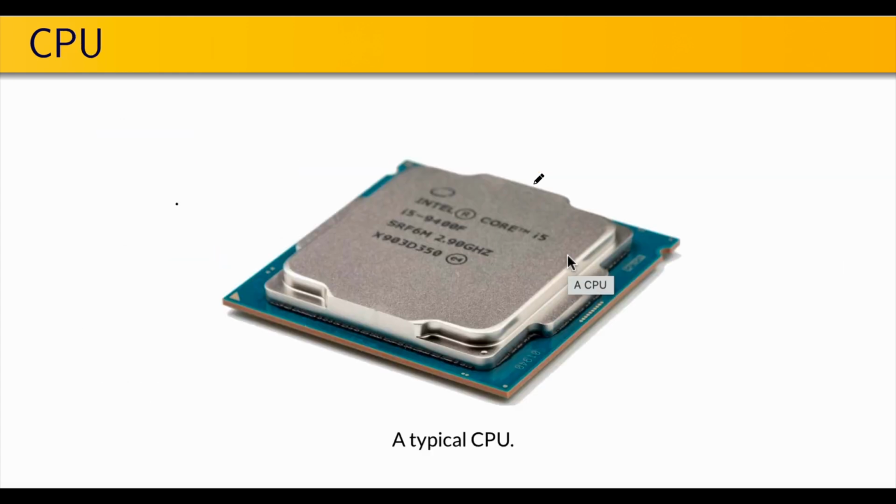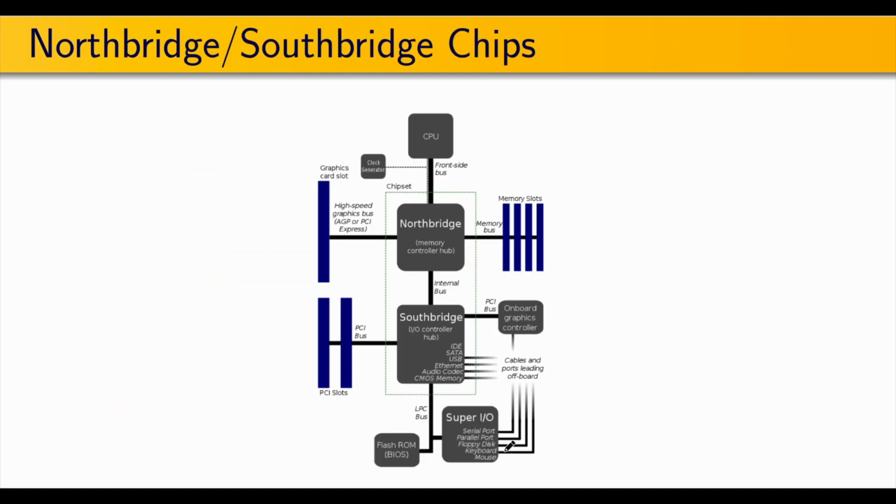So this is what a typical CPU looks like. And this is the North Bridge and South Bridge chips. These are also important chips. The CPU is the main component of the motherboard, and the North Bridge chip regulates very fast processes like high speed graphics and memory slots.